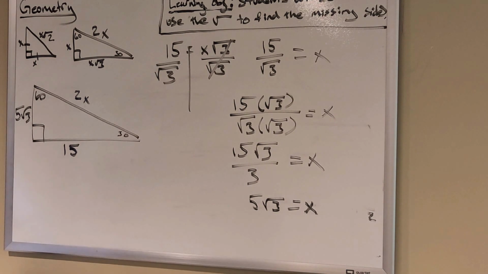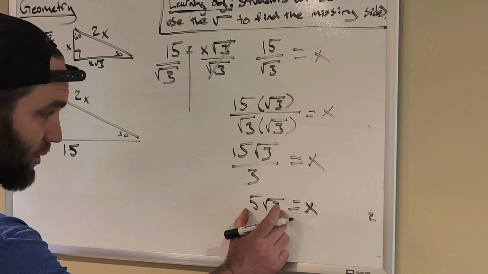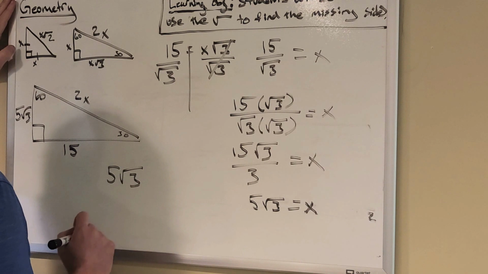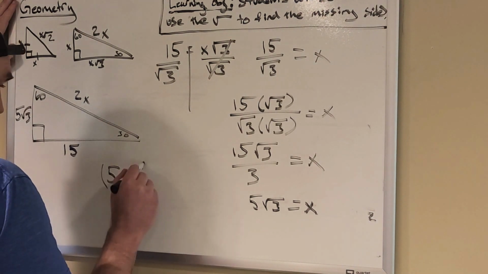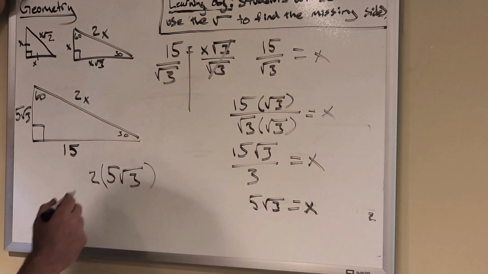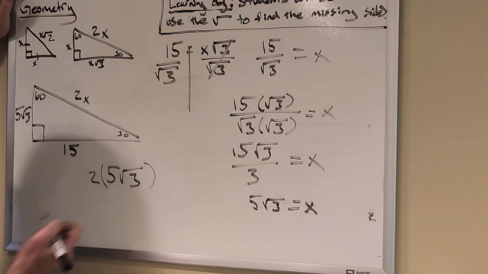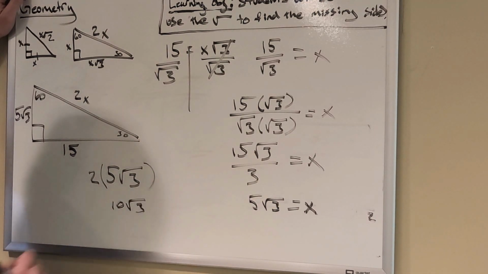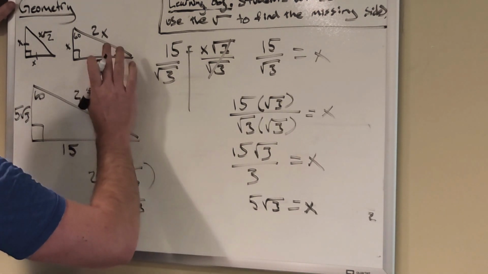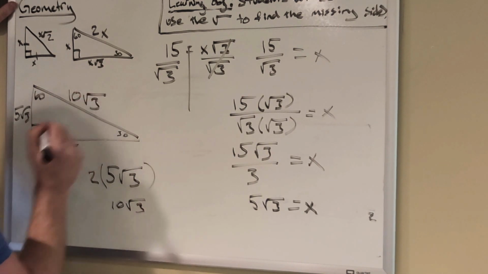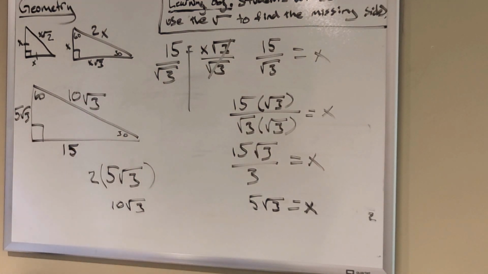Now, I need to find my 2x, which means I take this 5 square root 3 and multiply it by 2, because it's 2 times this value. So we take the 2, multiply it by the 5, and we get 10 square root 3. So this value here is 10 square root 3. And those are my answers to this problem.